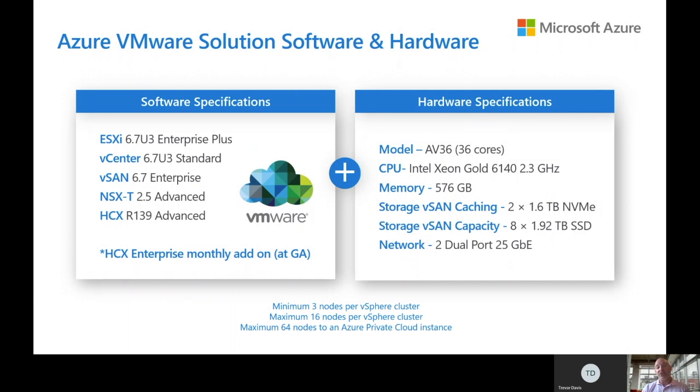Obviously, that's going to be ever changing because it's an ever evolving platform that we are taking care of, so you don't have to deal with the upgrades. But at the moment, this is what makes up Azure VMware Solution.